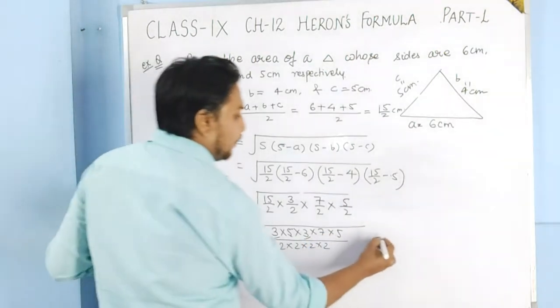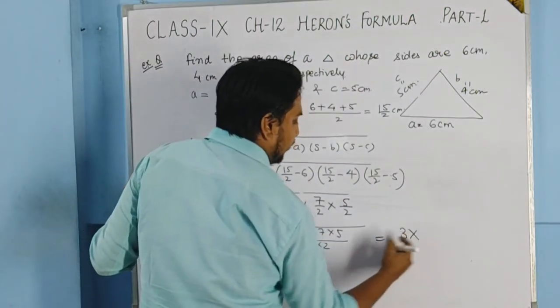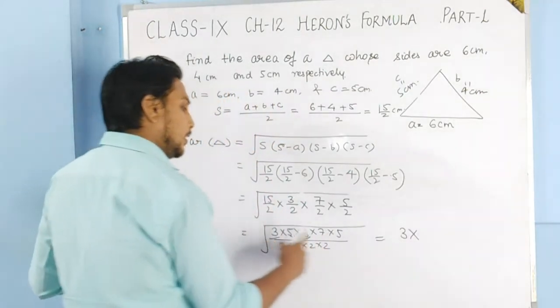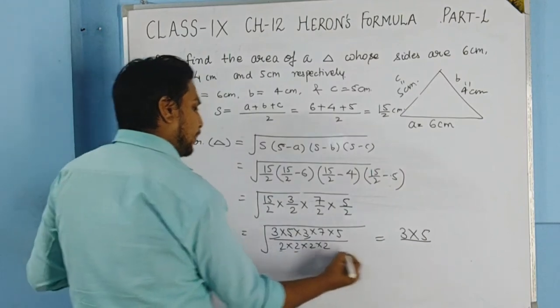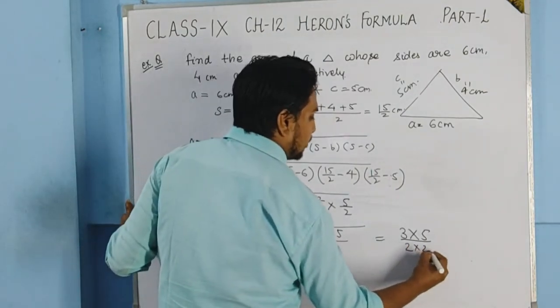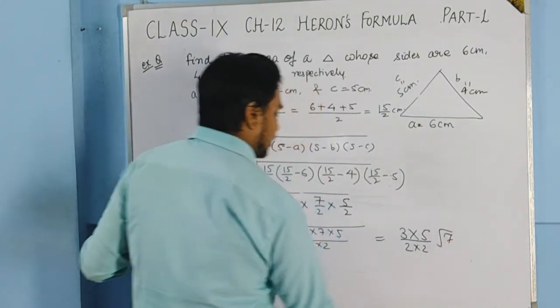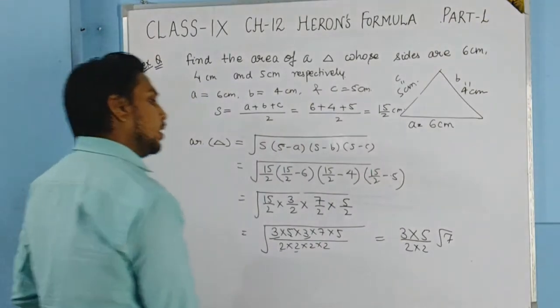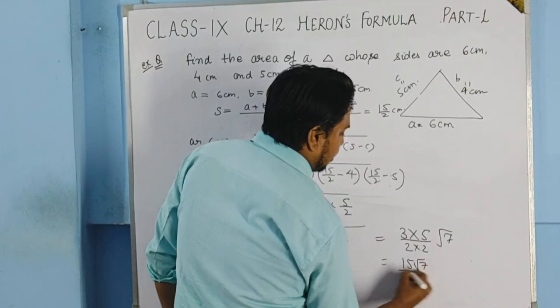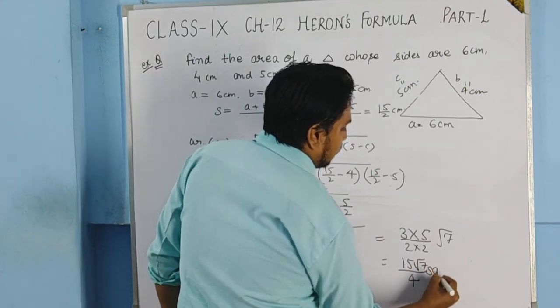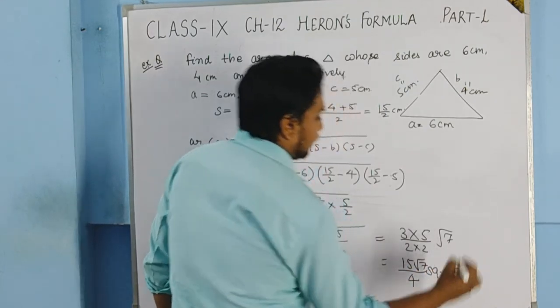So 3 will come outside and 5 will come outside, and here 2 pairs of 2 are there, so 2 times 2 will be there. Only root 7 is left in the square root. So it will be 15 root 7 upon 4 square centimeter.